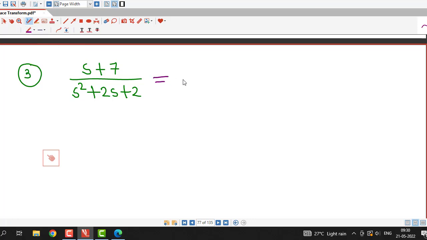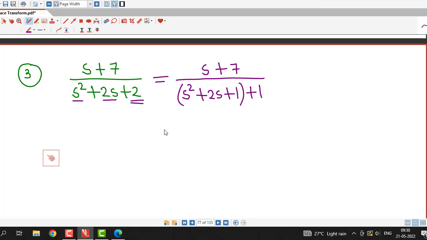If we observe here, in the denominator we have s square plus 2s plus 2, and we can directly decide that if the last term is 1, then we will have square of s plus 1. So here I rewrite 2 as 1 plus 1, and I observe that this is square of s plus 1, and here I keep s plus 7 as it is.